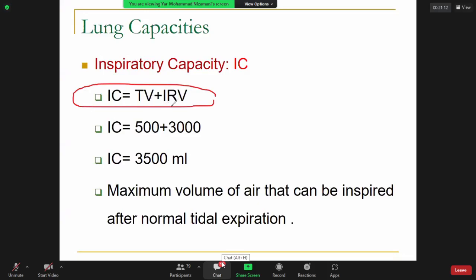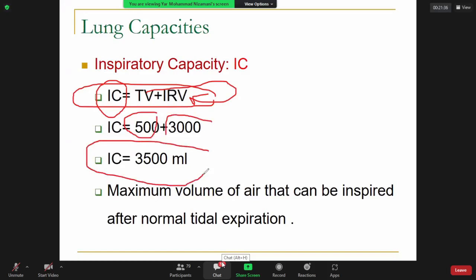Inspiratory है ना, तो TV plus IRV, the sum of the TV and IRV is known as inspiratory capacity. And what about expiratory capacity? It is the sum of TV and ERV. Basically, what is inspiratory capacity? Sum of TV and IRV. TV कितना है, 500 ml and IRV कितना है, 3000, मिला के 3500. So inspiratory capacity will be 3500 ml.